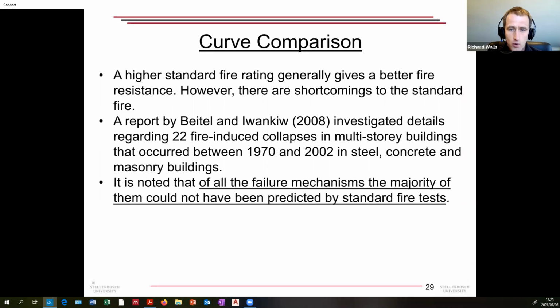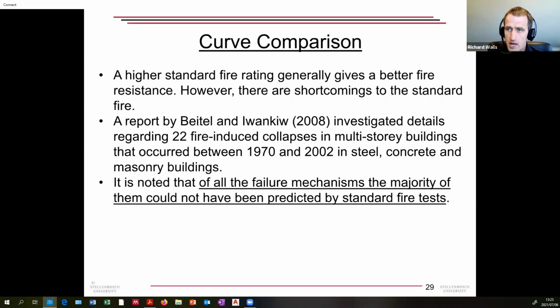It noted of all the failure mechanisms in real buildings, the majority of them could not have been predicted by standard fire tests. When most buildings fall down in a fire, it's because of a failure mechanism that is not identified by standard fire tests. Normally your connections, thermal expansion, where things heat up, enlarge, and then knock columns over, snap connections, etc.